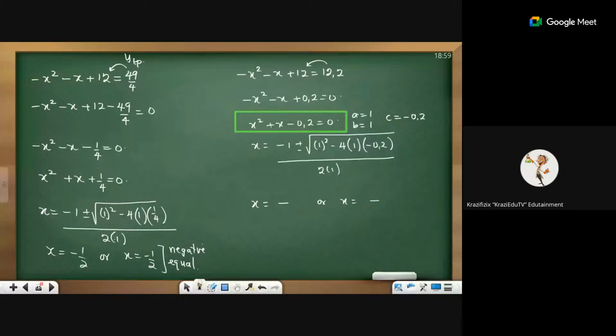If I move this over, 12 minus 12, okay, this is a negative. Right? So this should be what? Positive. Just change this one to positive. Because if we say 12 minus 12,2, that will give us what? Negative 0,2. Give me your answers.